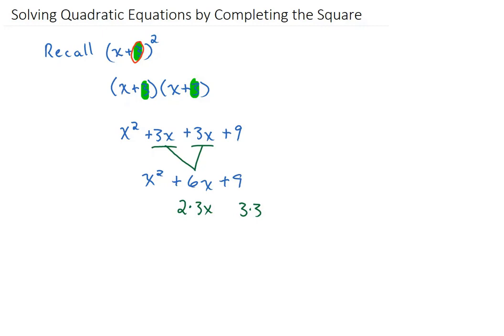And so if we're going to create a binomial squared, we can use this pattern to get back to a binomial squared. Let's see how this works with a problem where we're going to start with something that's not a binomial squared and work backwards into having something like this.